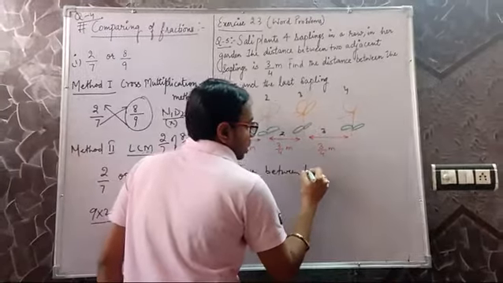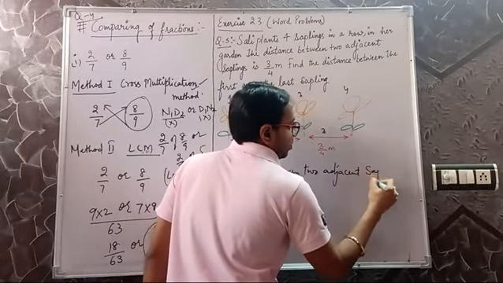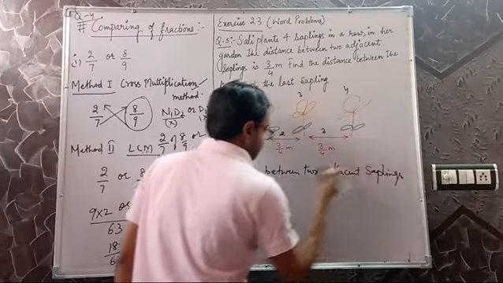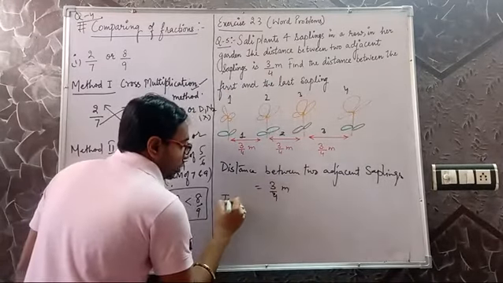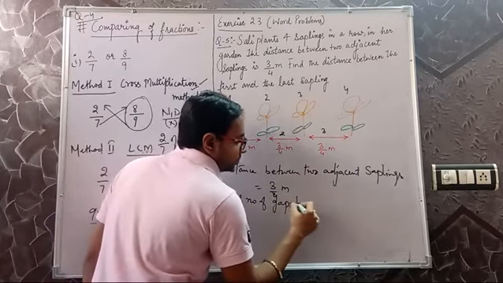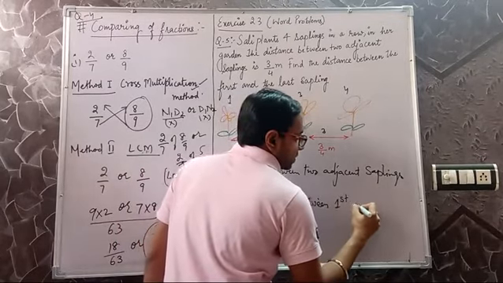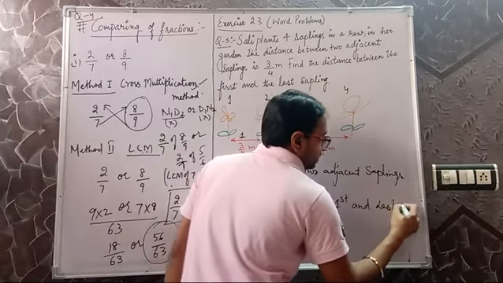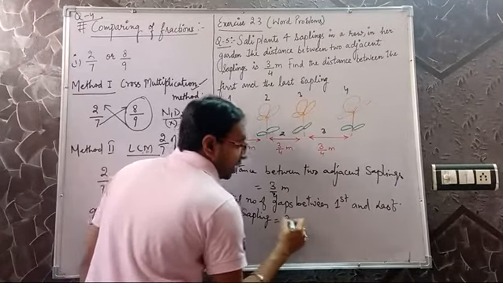So can I say the distance between 2 adjacent saplings is 3 by 4 meter. Total number of gaps between first and last sapling, that is 3.